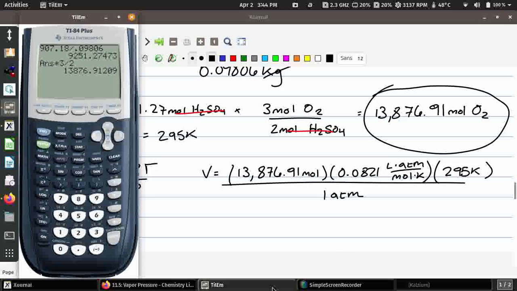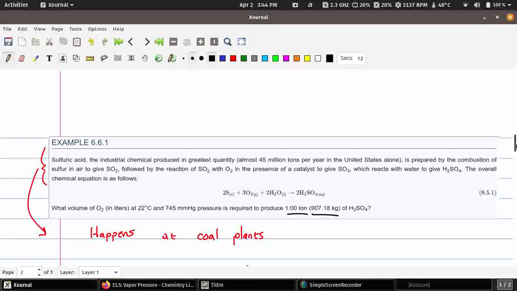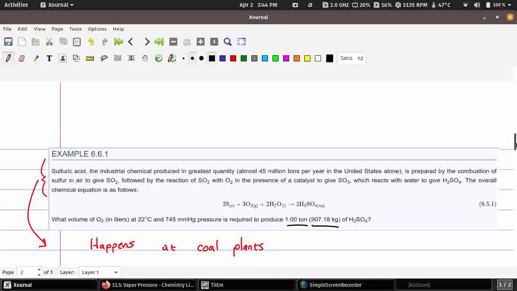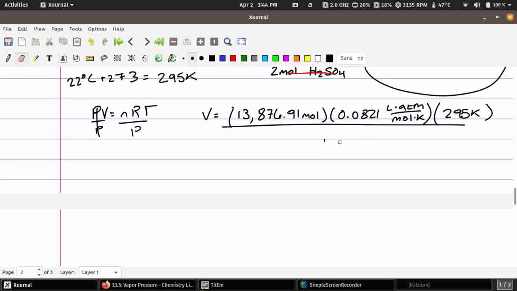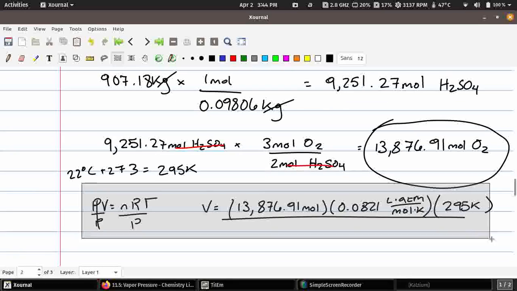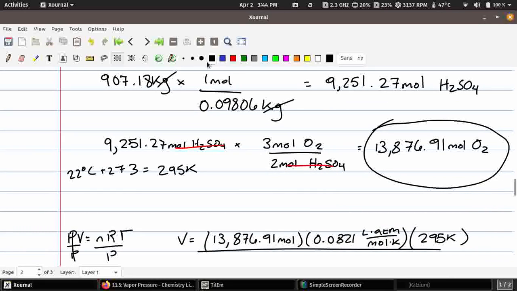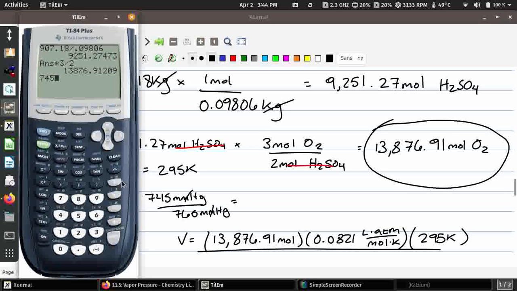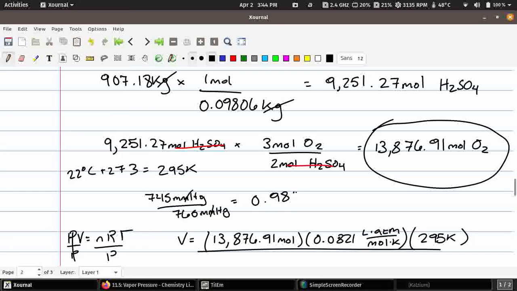Alright. So let's do this one. Was it 1 atmosphere? Oh no, it wasn't 1 atmosphere. Sorry. I'm making all sorts of mistakes. Here, what I'm gonna do is I'm gonna copy this. So you have 745 millimeters mercury over 760 millimeters mercury, and that cancels to give you 0.9802 atmospheres.